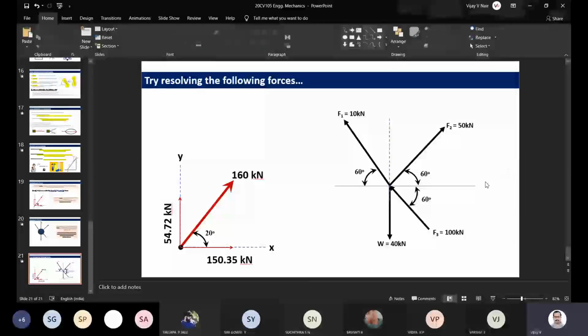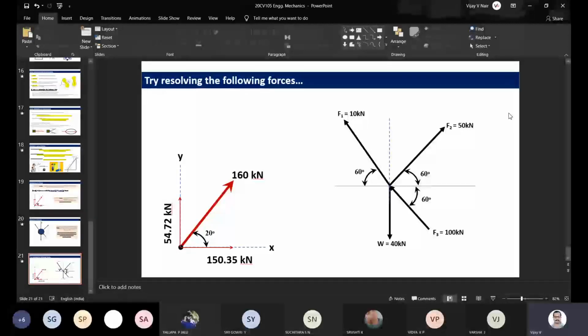I just gave 60 because that will be easy for your calculation. So your cos 60 is 0.5 and sin 60 is 0.866. Whenever you are using a calculator, you should keep the angle setting in degrees.